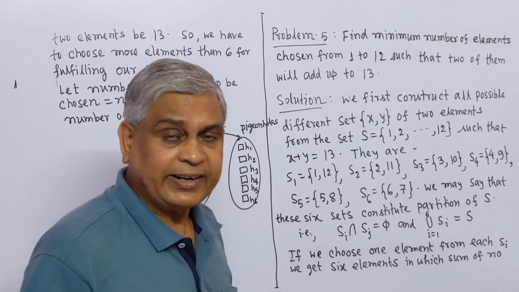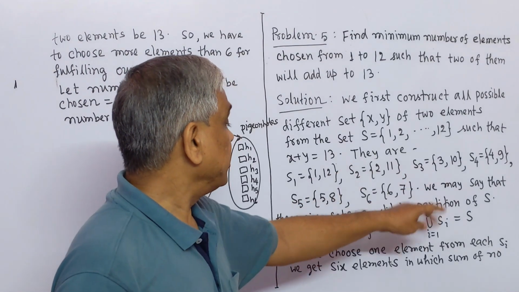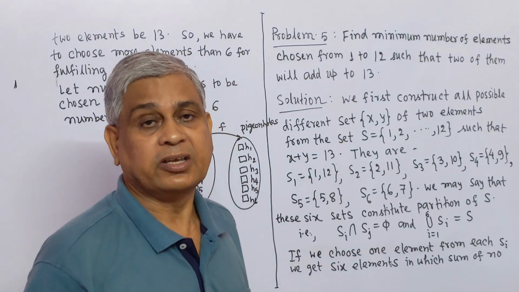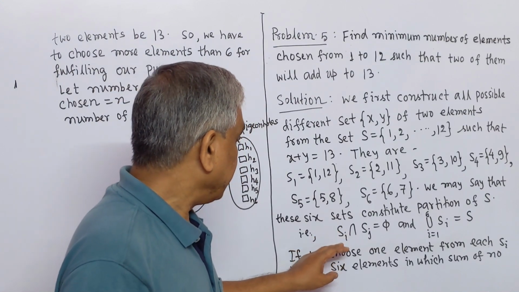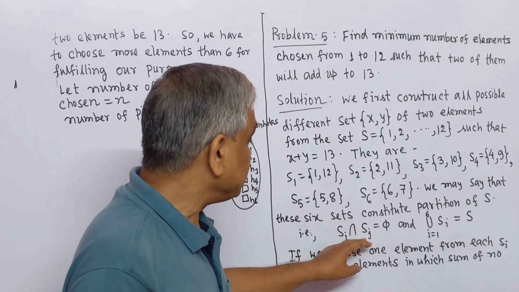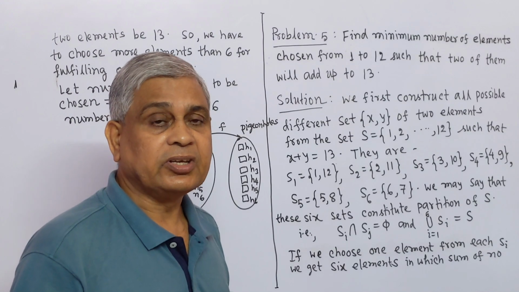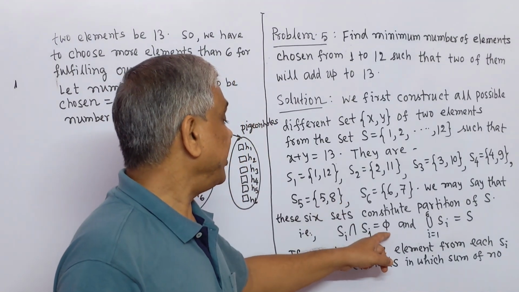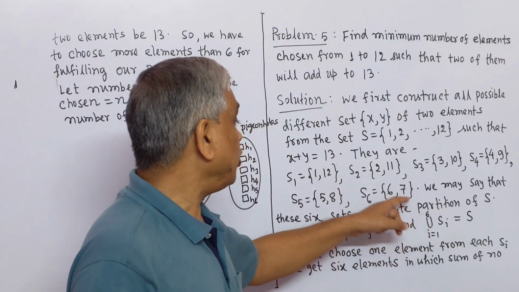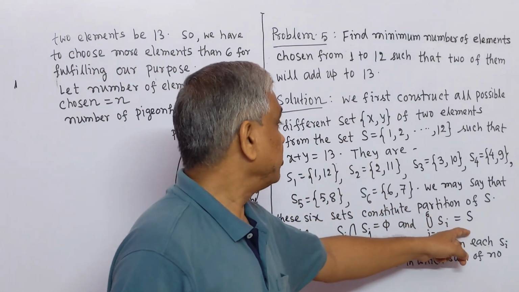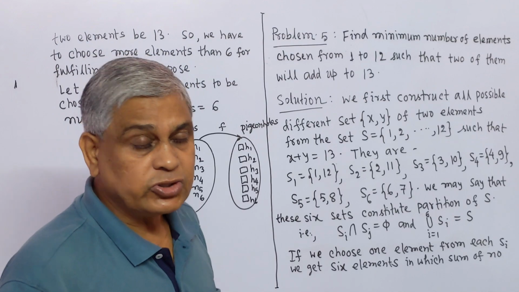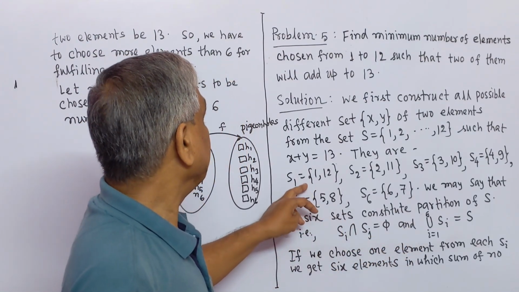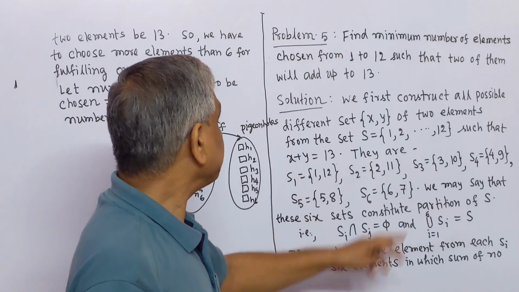We may say that these 6 sets constitute partition of the set S. That is, Si intersect Sj equal to empty set, means intersection of any two sets is empty, and union of all sets equal to S. If we choose one element from each Si, we get 6 elements.